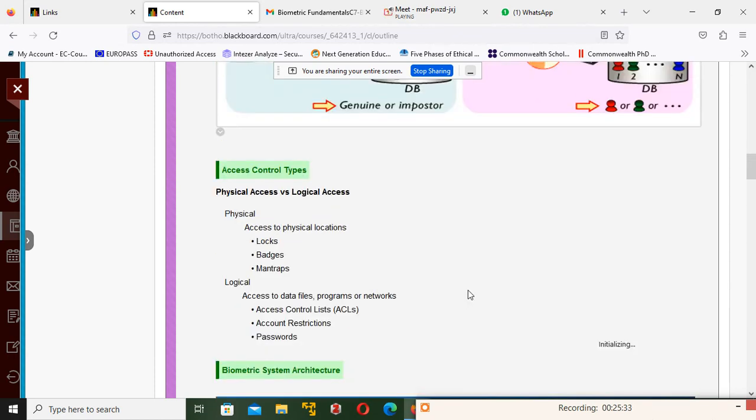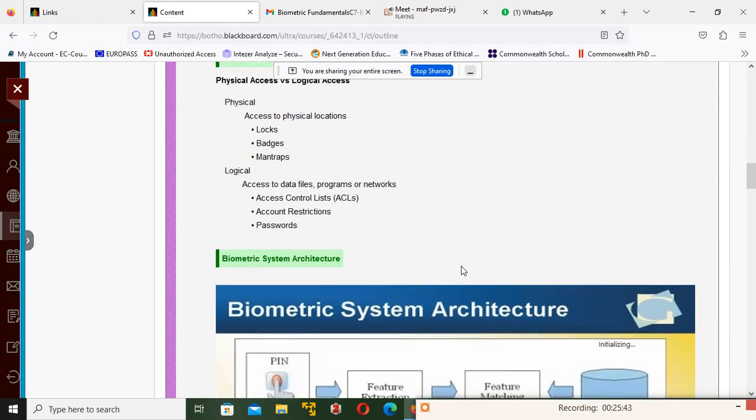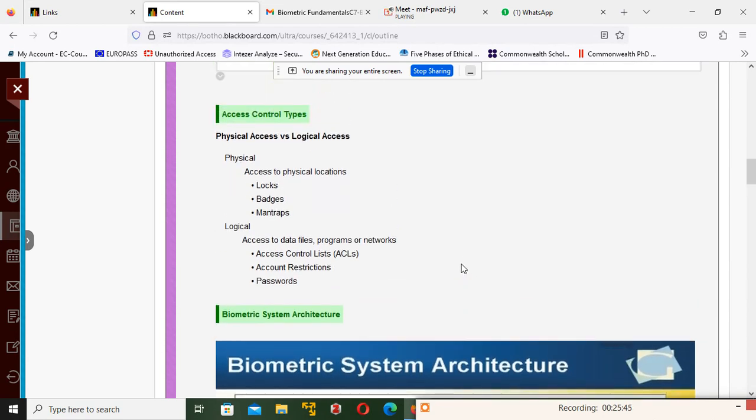Finger biometrics is used in a lot of ways. It is used mainly for, let me say, logical access controls. But aside from logical access controls, there are other physical access controls for which biometrics is used.